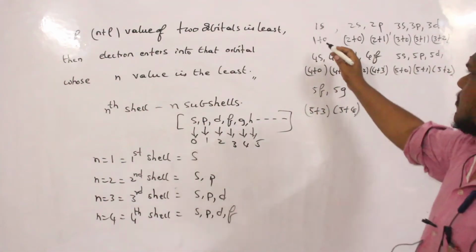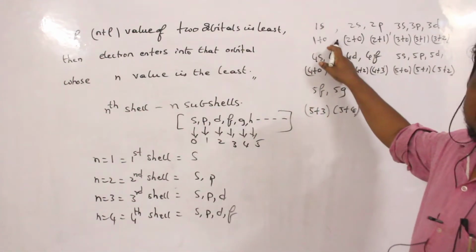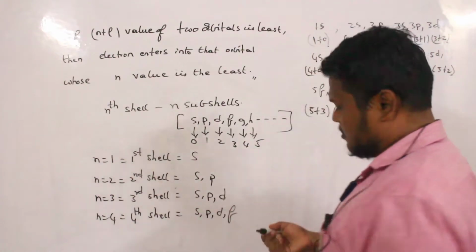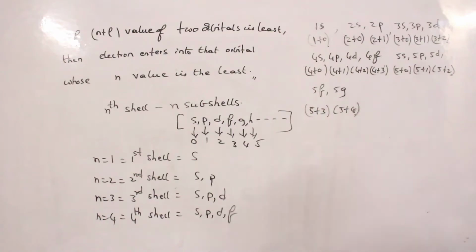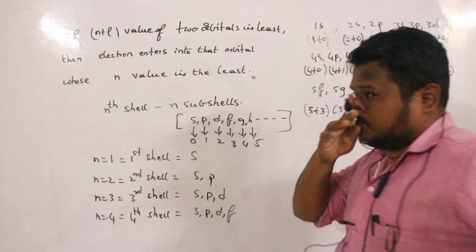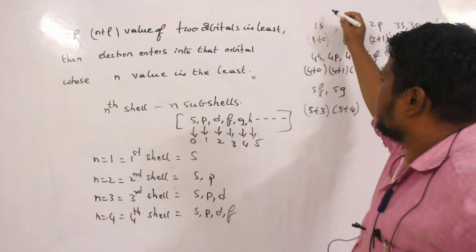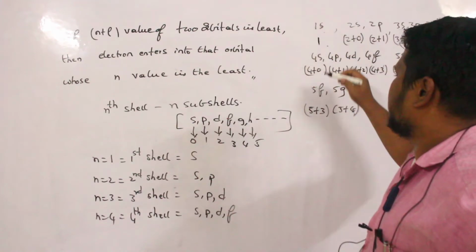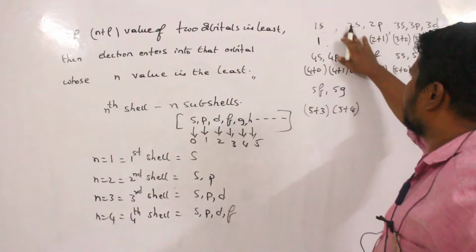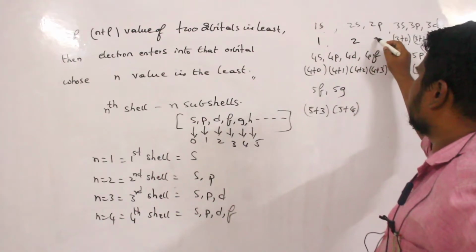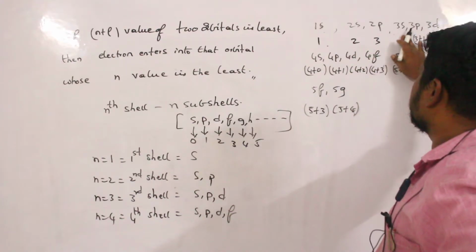So minimum value is 1 here. 1 plus 0 is how much? 1. Okay, so let us write the values first of all. 1 plus 0 is 1. Clear? 2 plus 0 is 2. 2 plus 1 is equal to 3. So it is also 3.